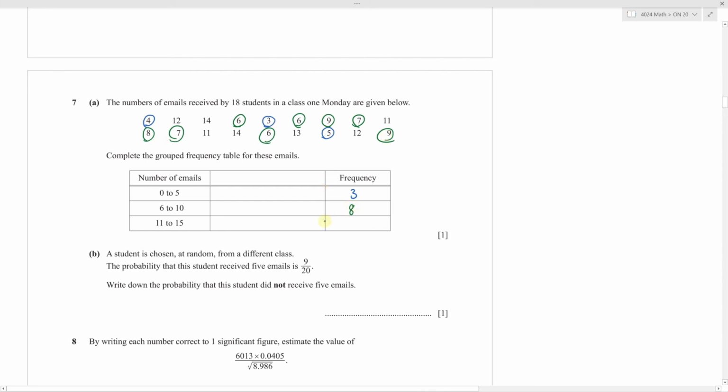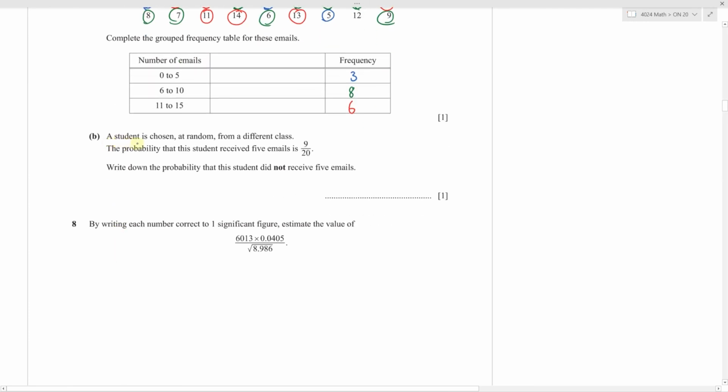So your frequency for 6 to 10 emails is 8. And then you have 11 to 15. So it would be this one, 14, 11, 11, 14, and this 13. So this is 1 2 3 4 5 6. So this frequency is 6.